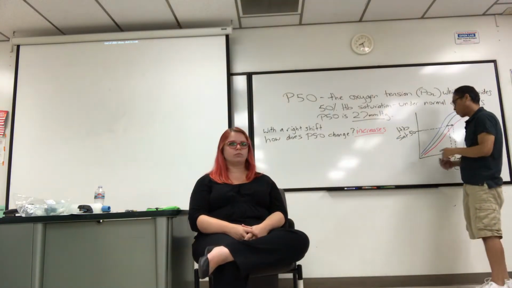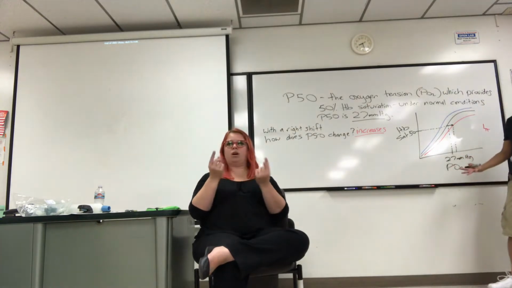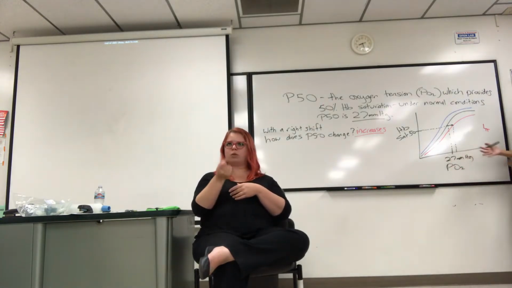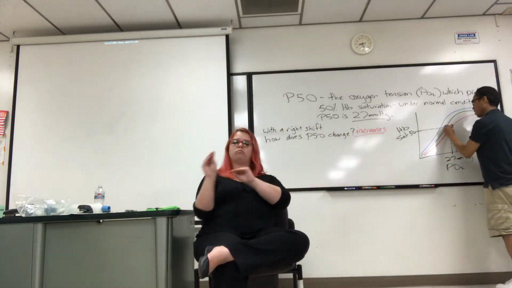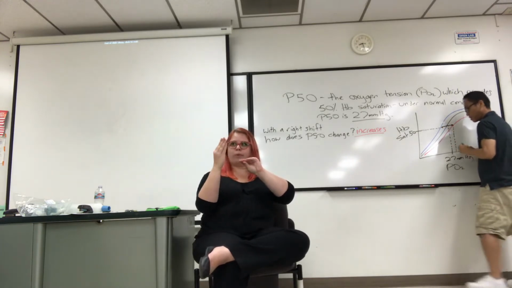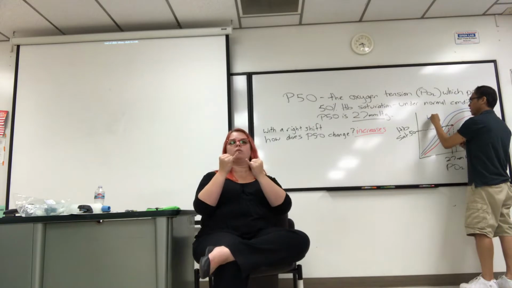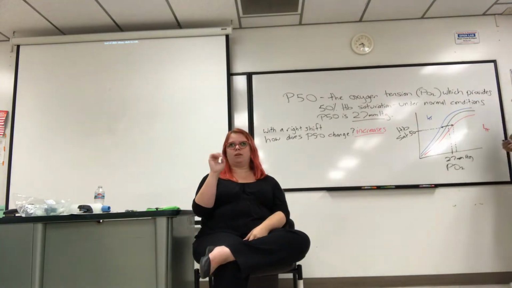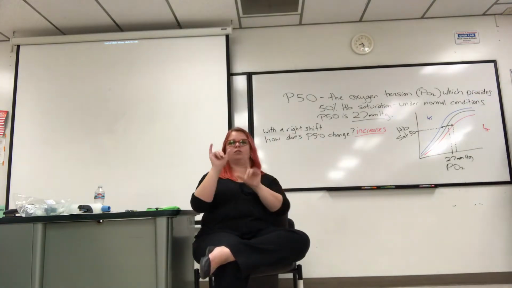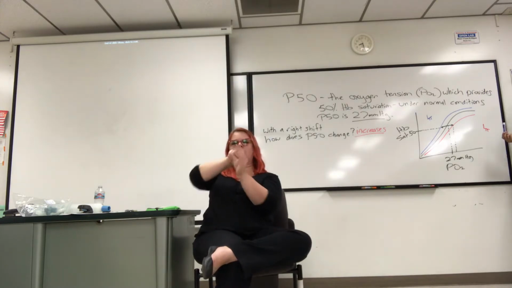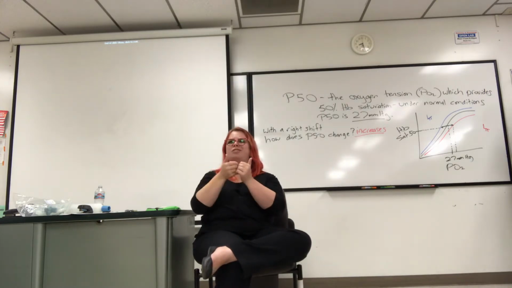Let me ask the inverse question. I won't write it on the board. You should get the idea now. We'll say it shifts the other way. Now the chair is like, favors binding. The chair's like that. How does P50 change? Does it increase or decrease? Decrease.